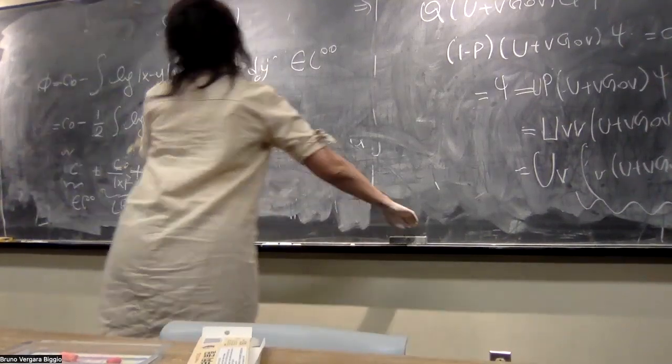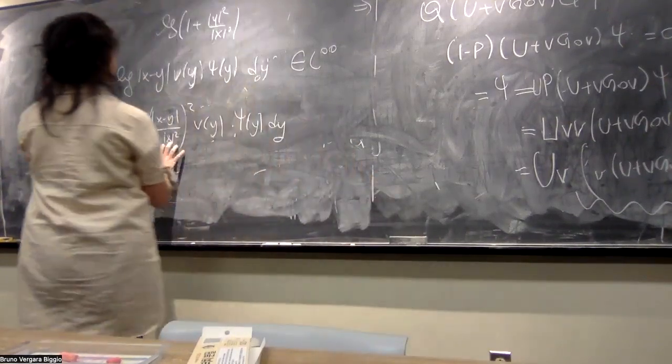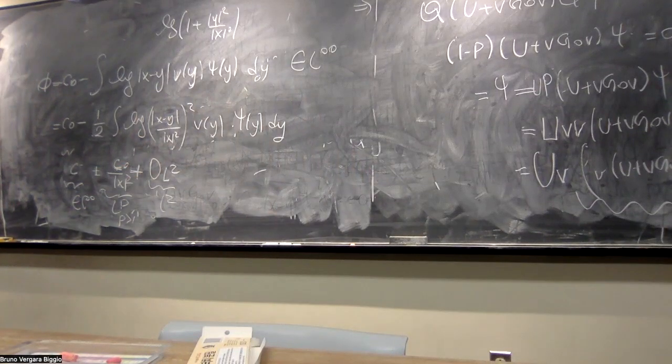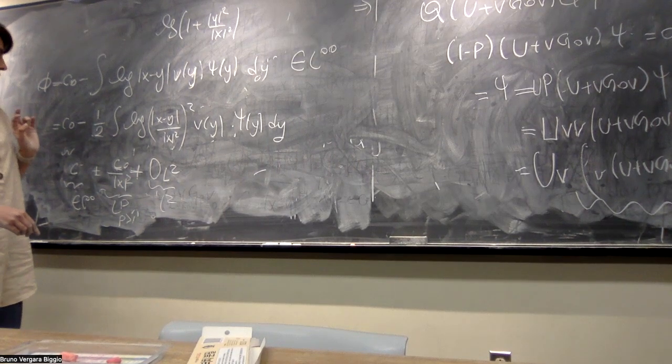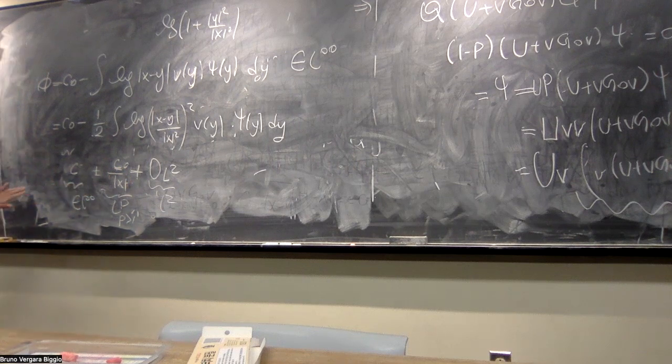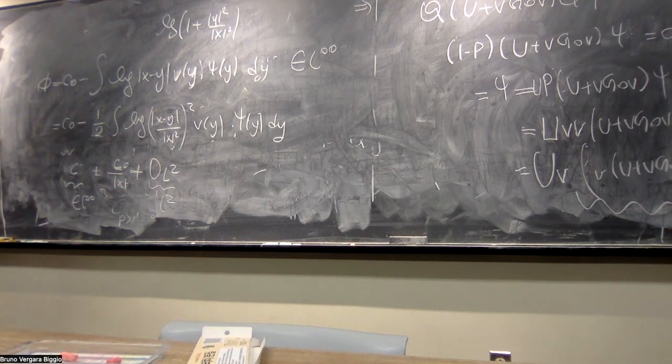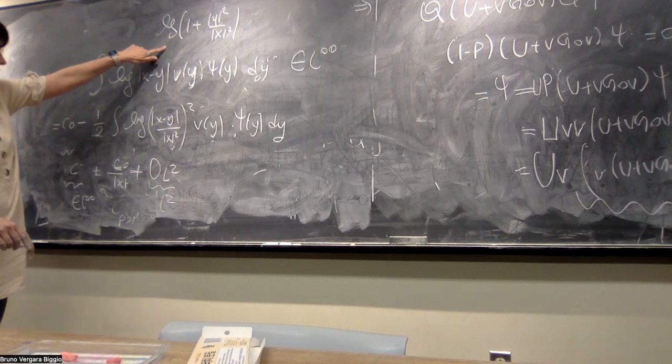Let's expand this, because this is where it is going to come from. We're just talking about large x. If you expand x minus y, you're going to have 1 minus 2 times the inner product of x and y over x squared. There is one missing here.